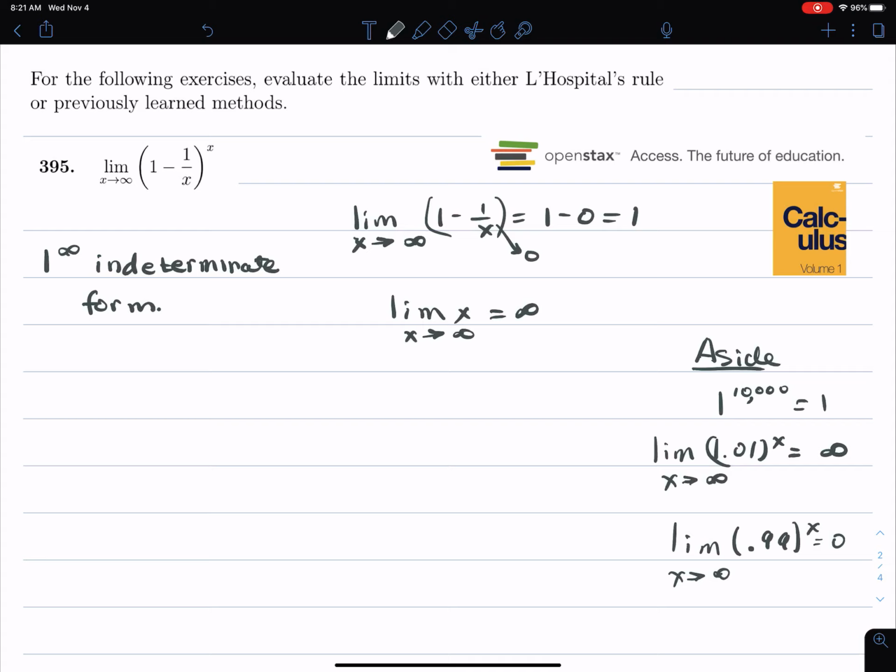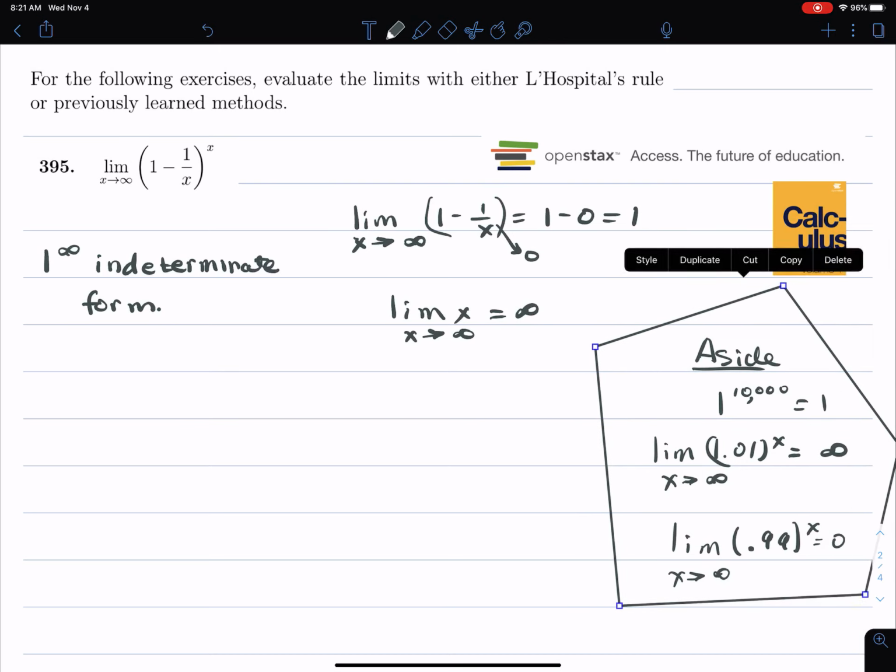If the base is exactly 1, which it isn't because it's a limit, then you get 1 to whatever large number is 1. On the other hand, if the base is just a little bit more than 1, you get infinity, a little less than 1, 0. But the base is not fixed. It's not fixed as 1, and it's not fixed as a little bit greater than 1.